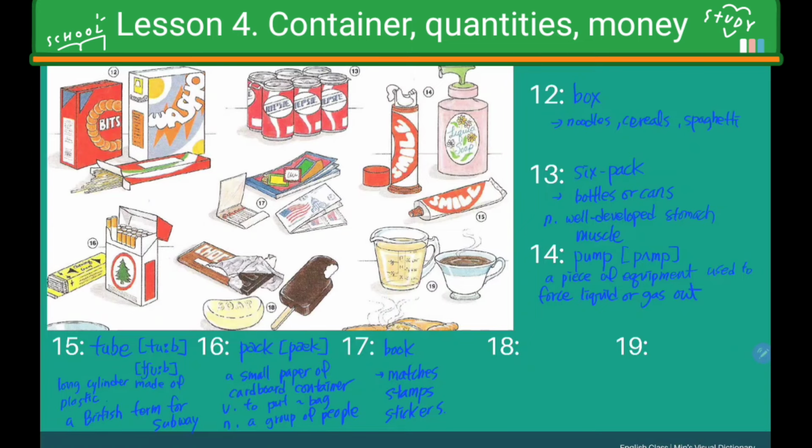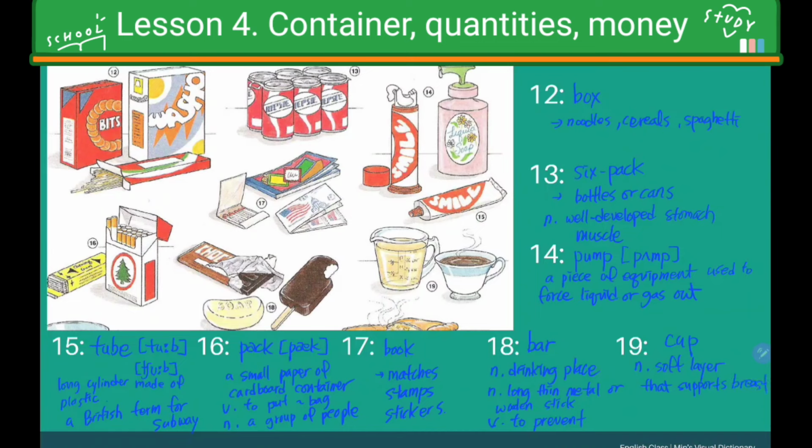And number 19, we have cup. So a cup of coffee, a cup of water. Alright? And aside from that meaning, this also has the meaning of soft layer that supports breast, just like in women's underwear.